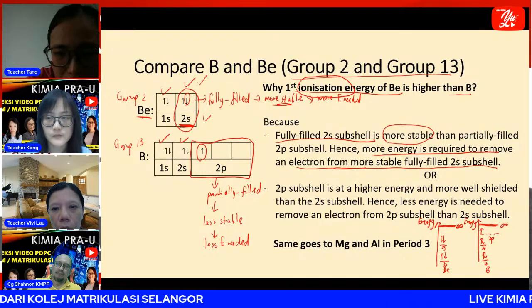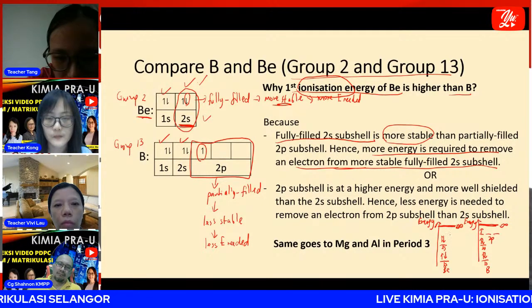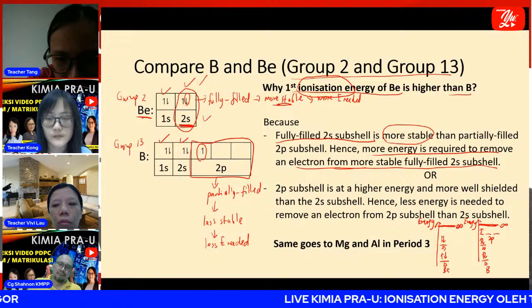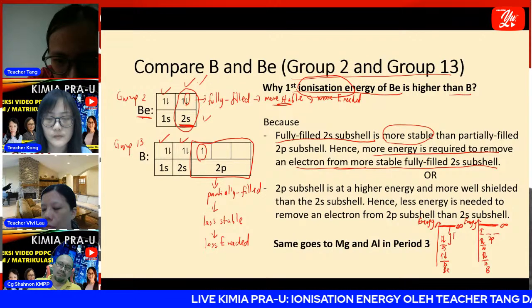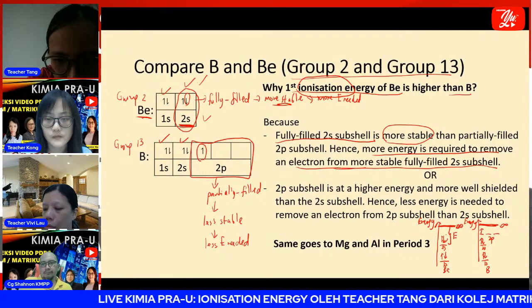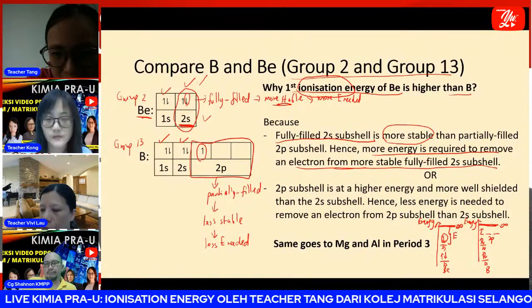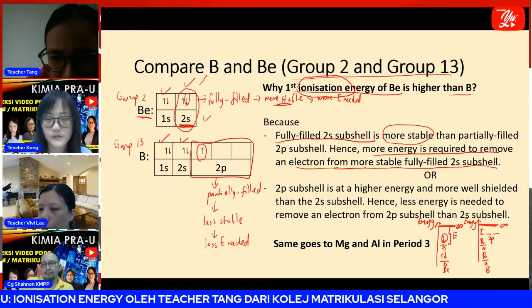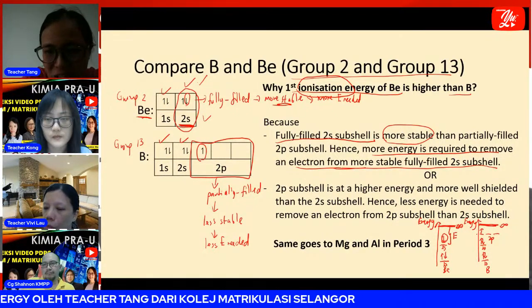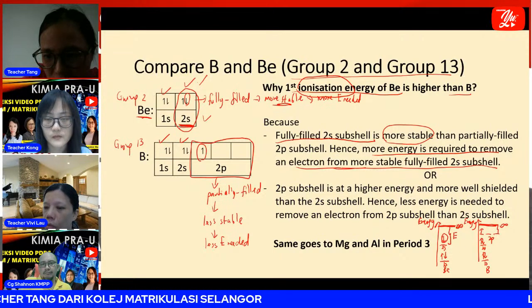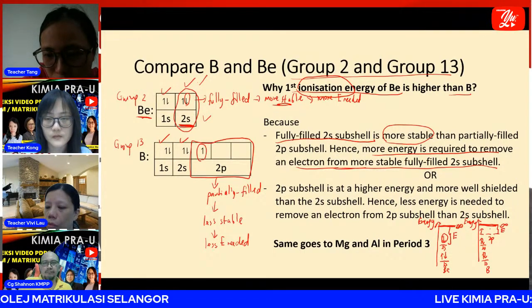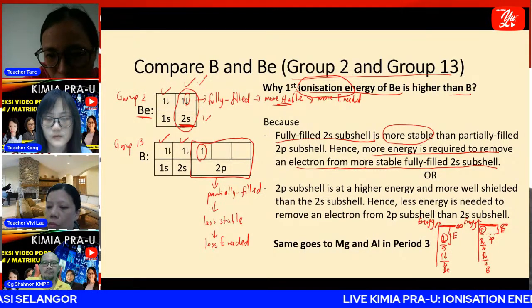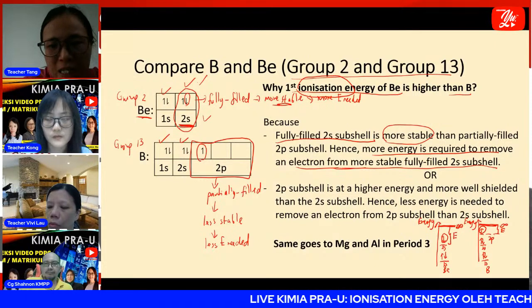The electron in the 2s subshell requires this much energy in order to be removed to infinity. While for the 2p subshell, because it is at a higher energy level, less energy is needed to remove an electron from the 2p subshell to infinity.